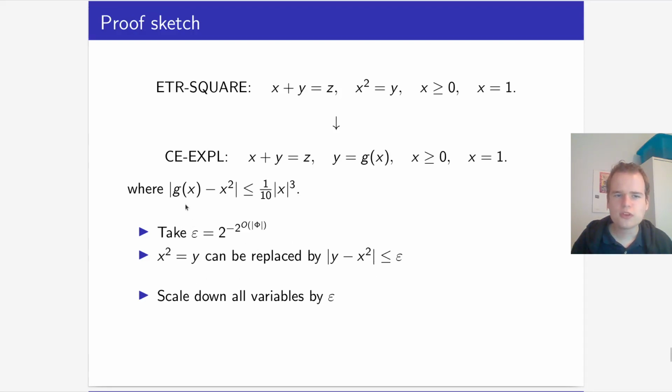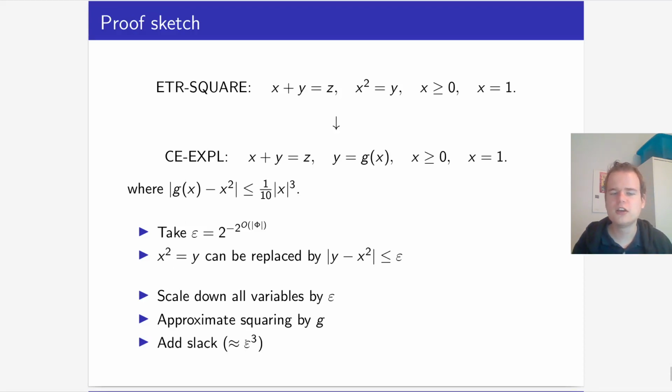We start with this phi, the ETR square instance, and we scale down all variables by epsilon, so that every variable is in absolute value at most epsilon. Then on these scaled down variables, we approximate the squaring conditions by using g. However, squaring a variable and applying g to a variable is not exactly the same, so we need to add some slack to these replaced conditions.